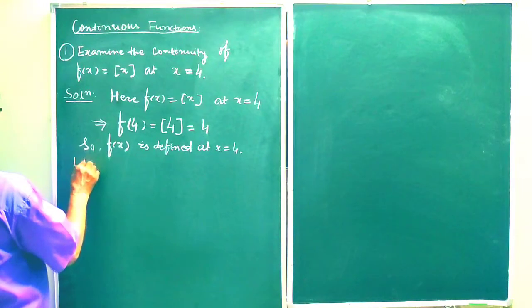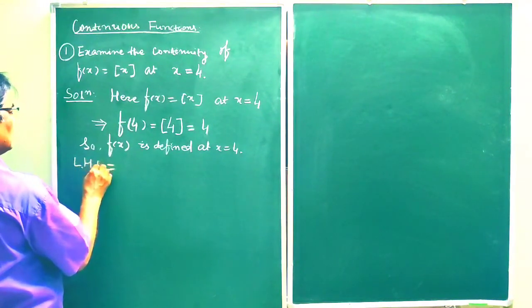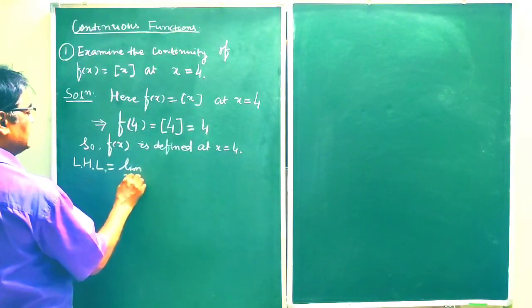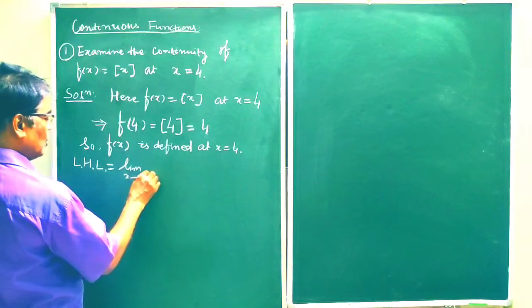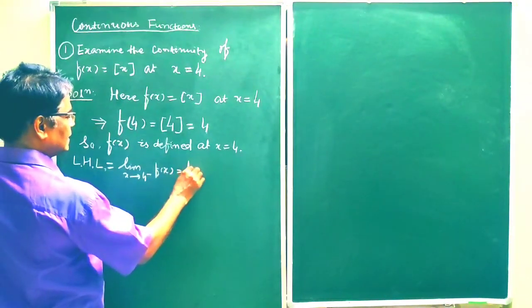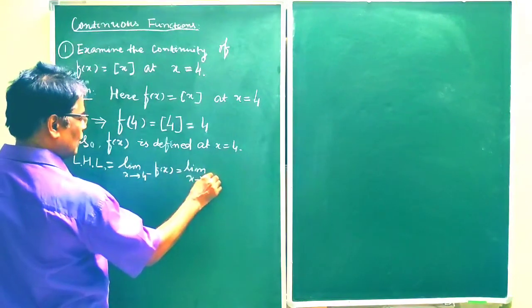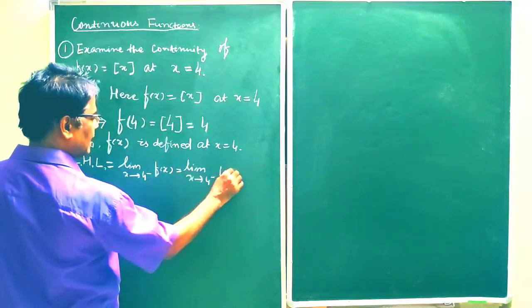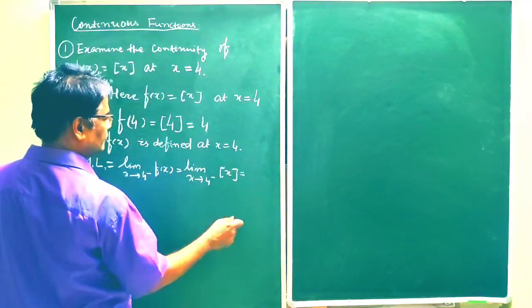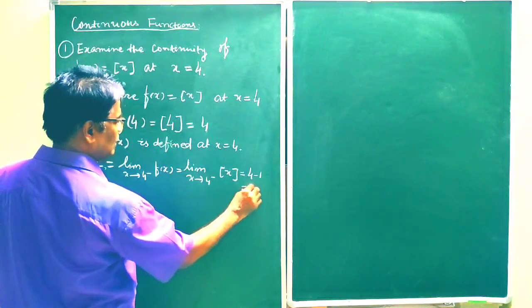Now left hand limit. Limit x tending to 4 minus f(x) is equal to limit x tending to 4 minus [x], which is equal to 4 minus 1, that is equal to 3.